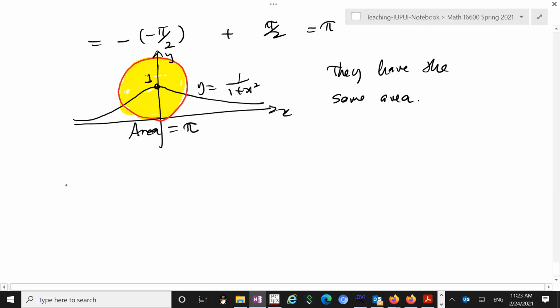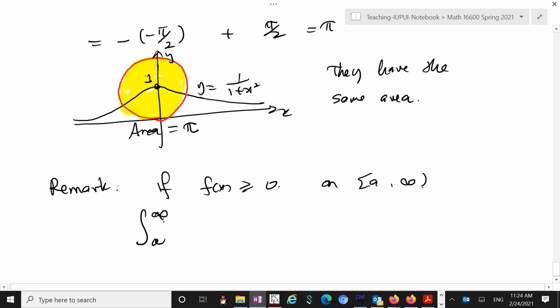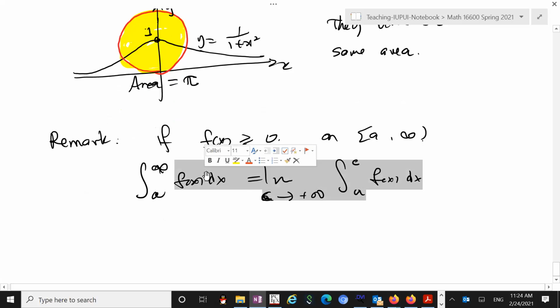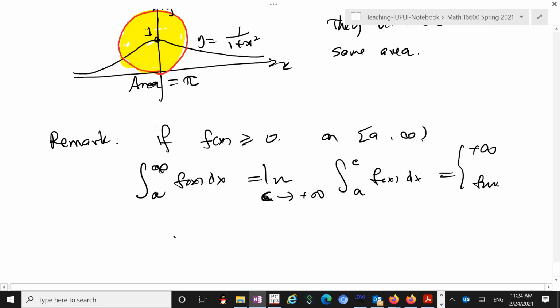Now, here's some remark. If the function is always positive on the interval from a to infinity, then this integral is going to be the limit of this finite integral. But for this finite integral, there are only two cases: either positive infinite or finite.